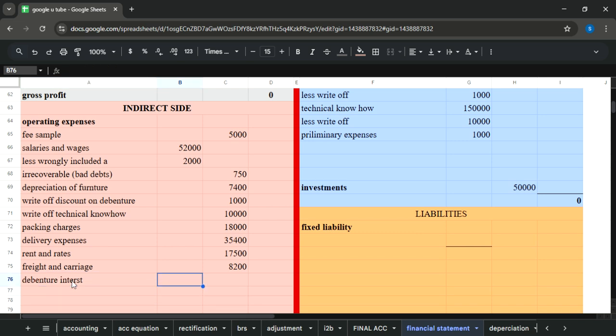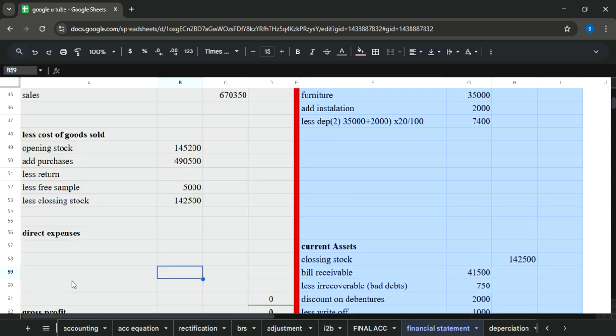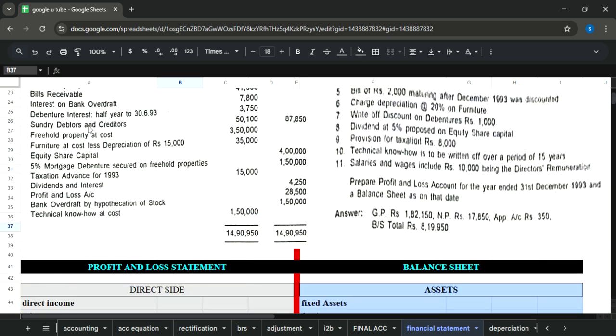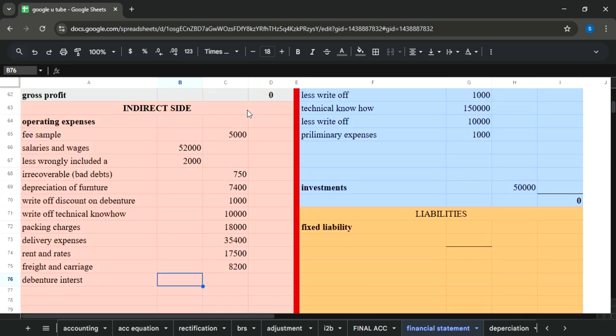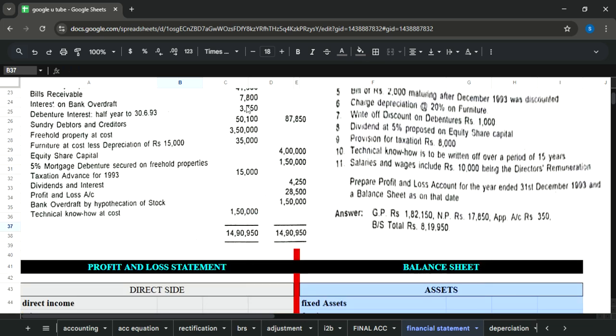First, in the trial balance, the amount mentioned over here is 3750, so you will write 3750 in the inner column, and we'll wait for the percentage and debenture later on. Next, sundry debtors and creditors are both mentioned at the same time. Debtors are an asset, and an asset should be mentioned on the debit side. So this 50,100 present on the debit side is actually the amount of debtors.